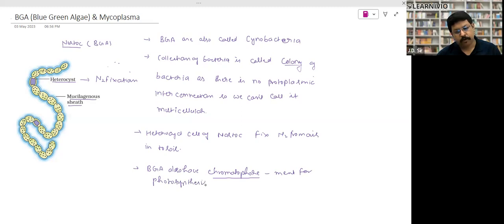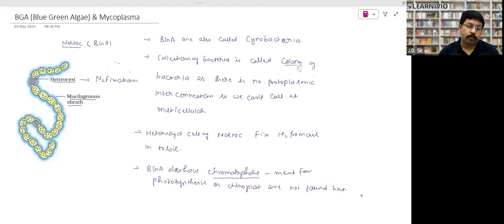As chloroplast is not found here, in place of the chloroplast, you have to remember, chromatophores are found.